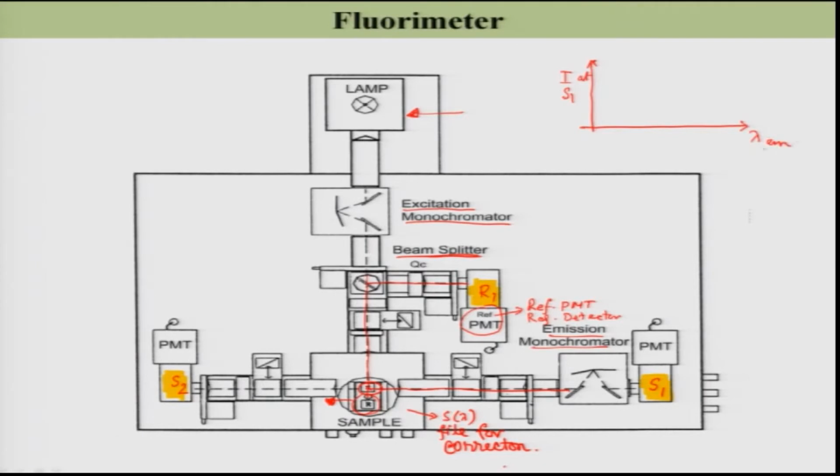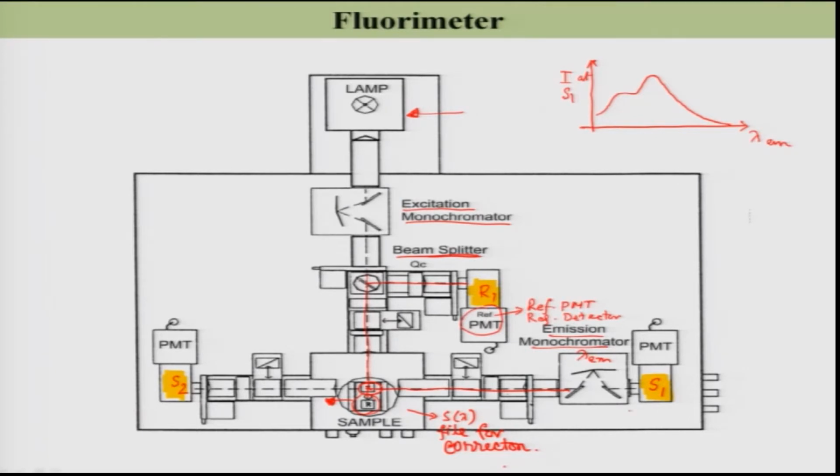That lambda emission will be set by this emission monochromator, right. You will set what the lambda emission is. So, you plot it like this way and you will get something like this, right. But this is not correct, you know. So, better you plot S1 into correction file, and let us name it as S1C.